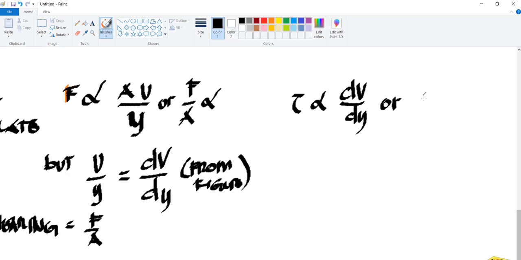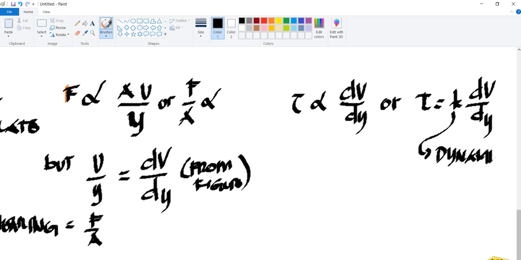Or we can say your shearing stress is equal to K times the change in velocity divided by the change in distance. Where the constant of proportionality K will be called the dynamic or absolute viscosity.